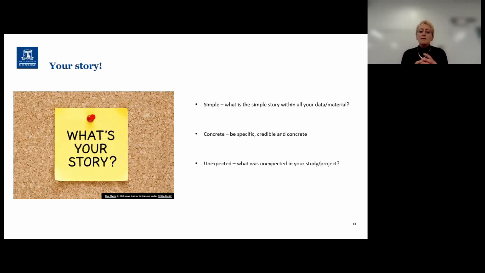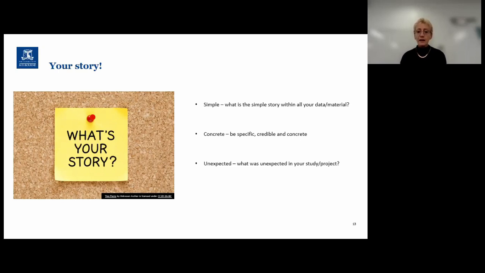Sometimes we are so engrossed in a topic that we forget there is a world of readers out there who may not have any prior knowledge of your topic. So simple does not mean being simplistic. Simple means cutting through a significant amount of data and information to find that simple story within the material.